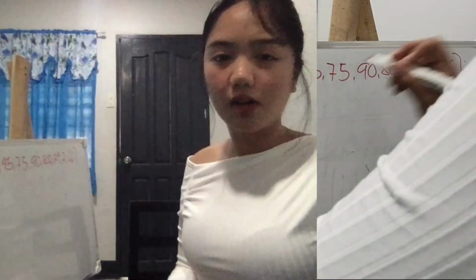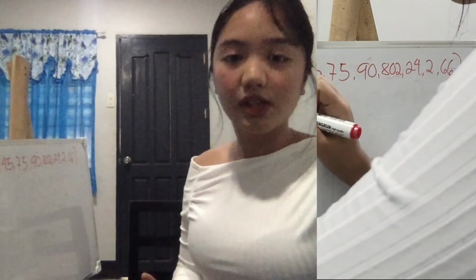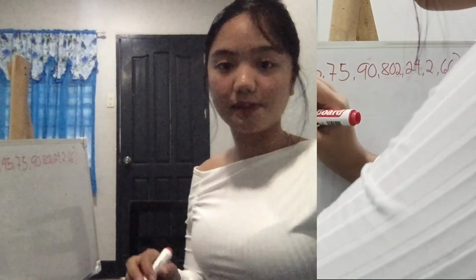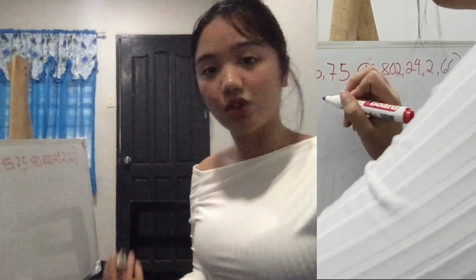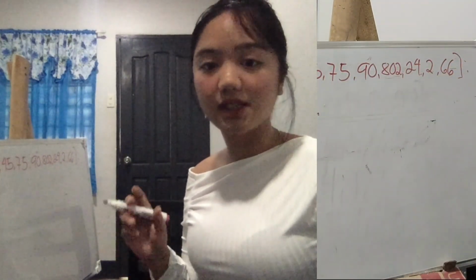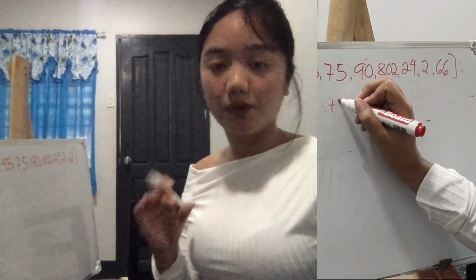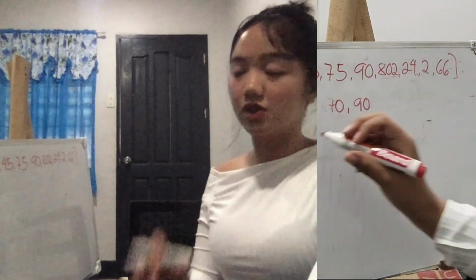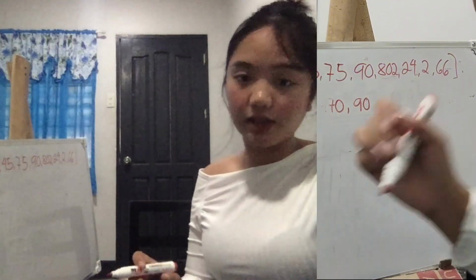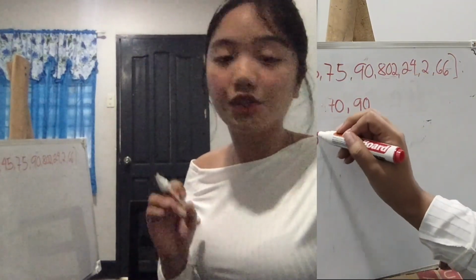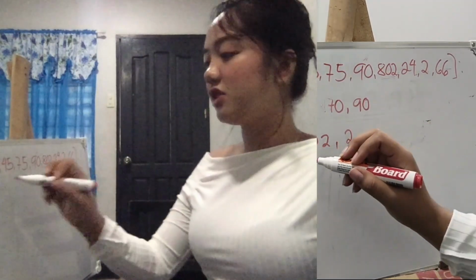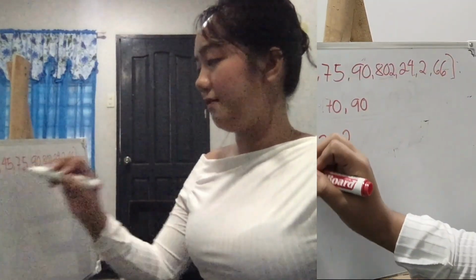Okay, about radix sort. Radix sort is a non-comparative sorting algorithm that works by sorting the numbers digit by digit, starting from the least significant digit, the ones place, to the most significant digit, the hundreds, or 3 digits. Here's our given problem.